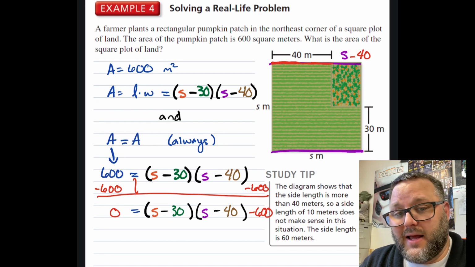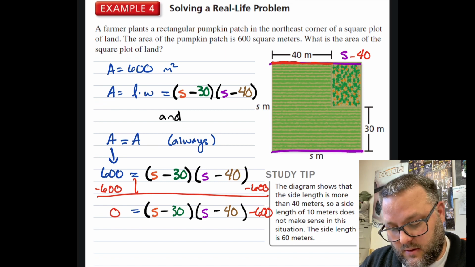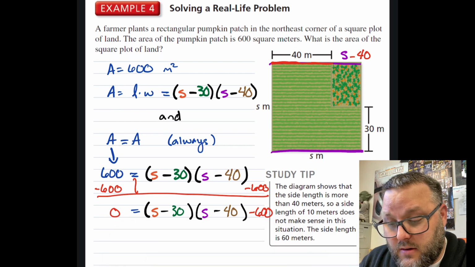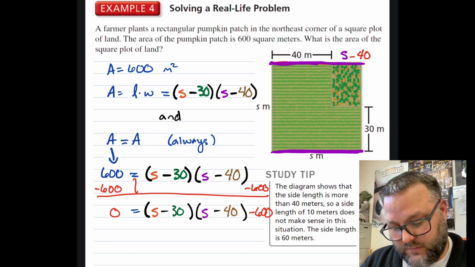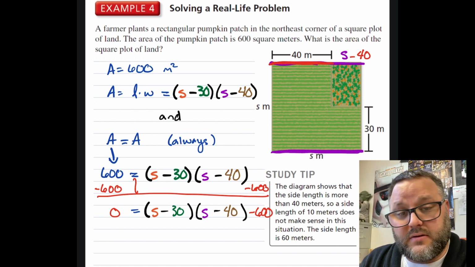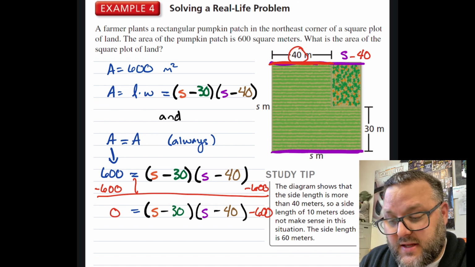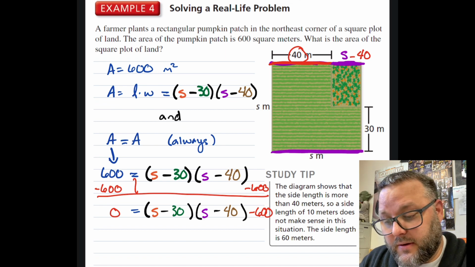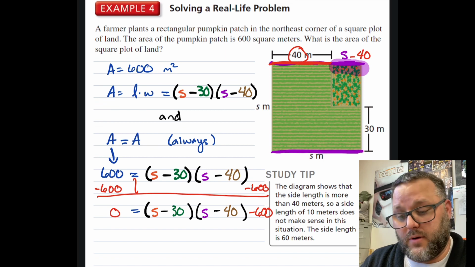And that's how I got S minus 40, because I looked at the whole length of this square here, which is the same as this whole length, S, and I took off this much, which it tells me is 40. When I did that, I'm left with just this length here. Let me highlight that a little bit better. There we go. I'm left with just that length there when I take S and subtract 40 meters off.